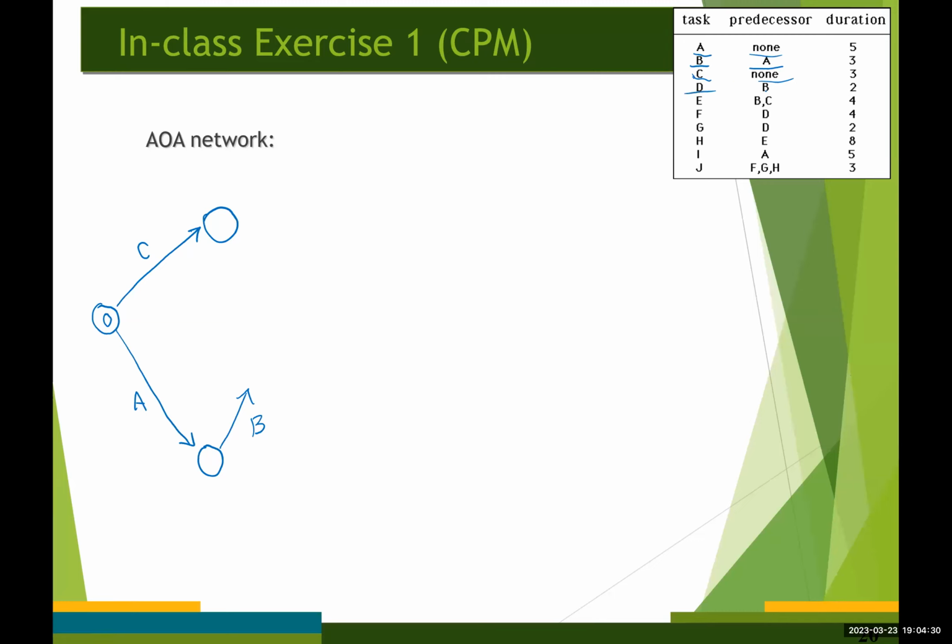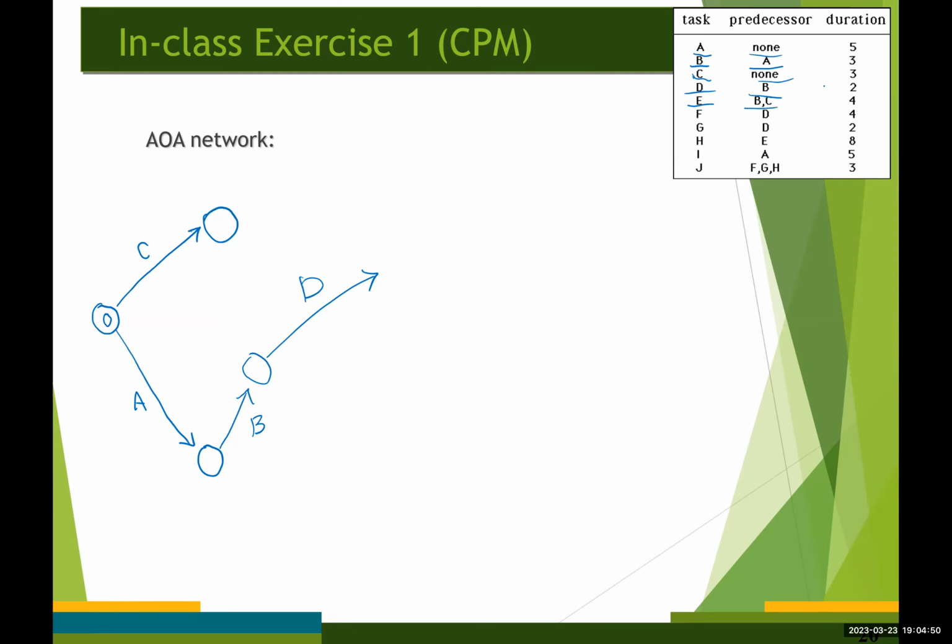And D has one predecessor, which is B. So if I have D, something like that, that should be okay. And how about next?